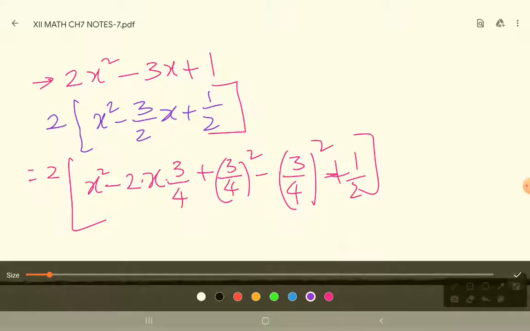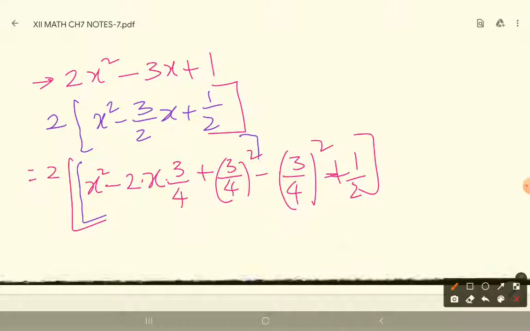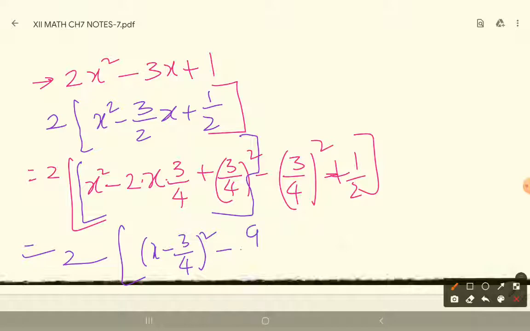Then if you look at this very carefully, this is the (a minus b) whole square formula. So it is 2 of (x minus 3 by 4) whole square minus 9 by 16 plus 1 by 2.